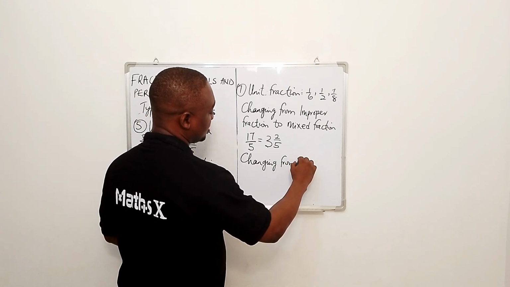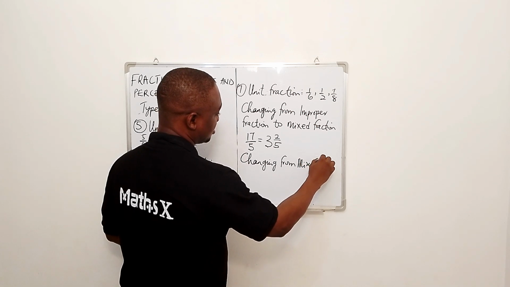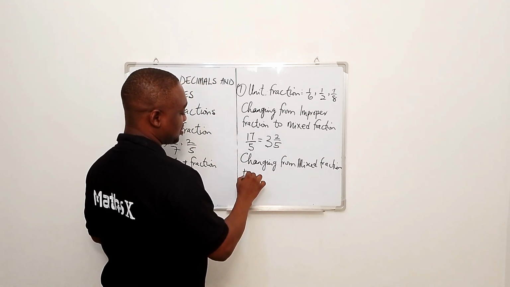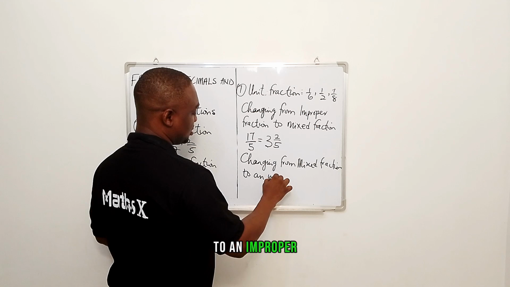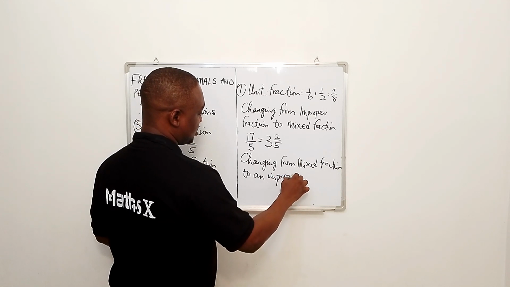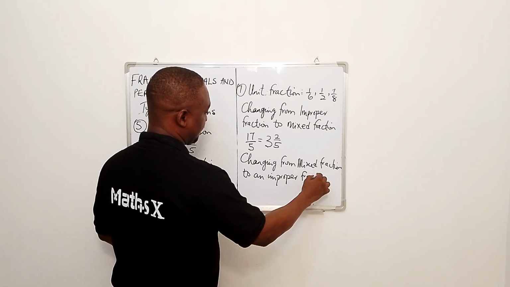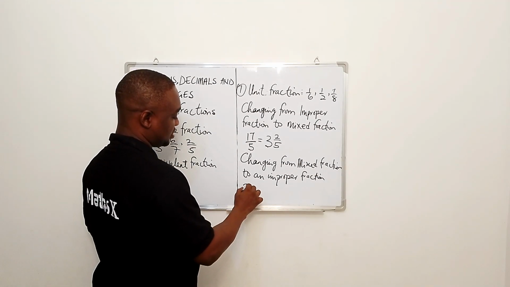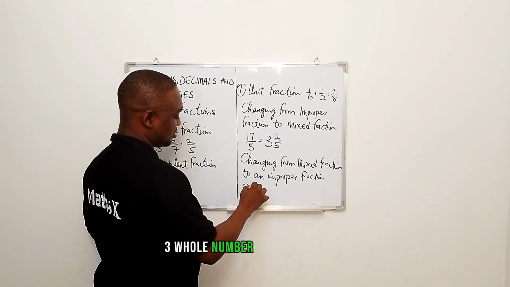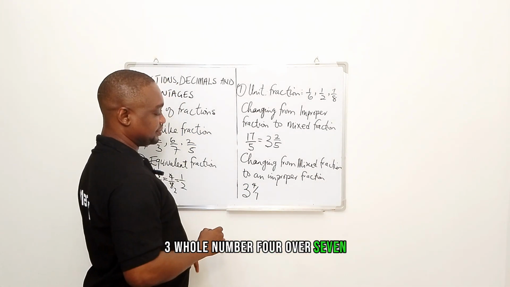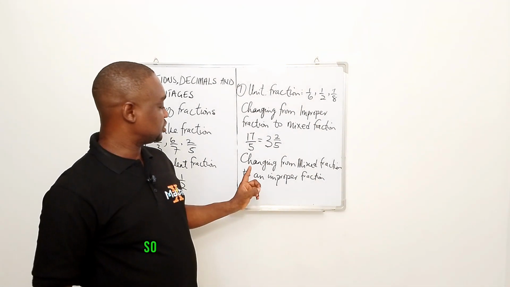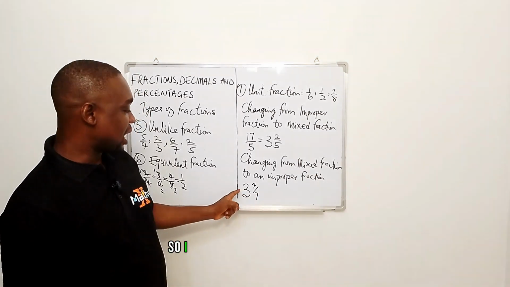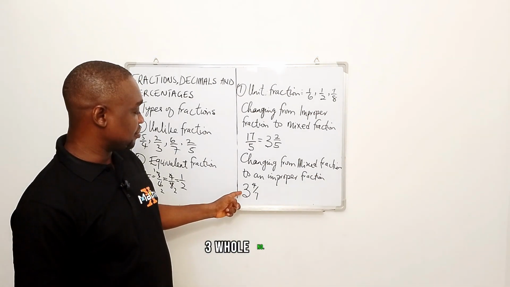Now, from a mixed fraction to an improper fraction. Three whole number, 4 over 7. So also changing from a mixed fraction to an improper fraction. I have a mixed fraction here, 3 whole number 4 over 7.